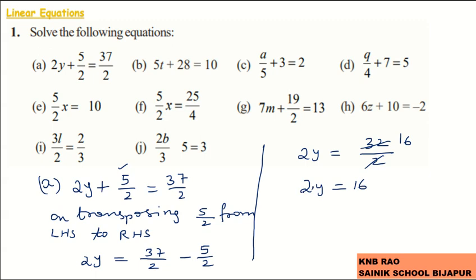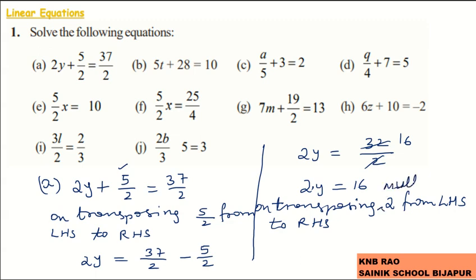Here, to remove this 2, since it is multiplied, if it goes to that side, it will divide. So on transposing the multiplicand 2 from LHS to RHS, we can say it that way also.